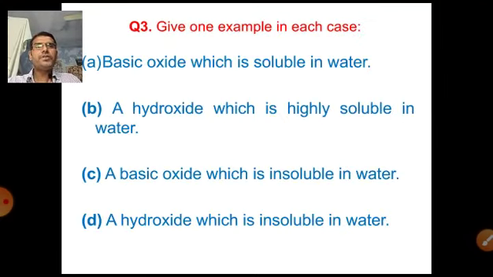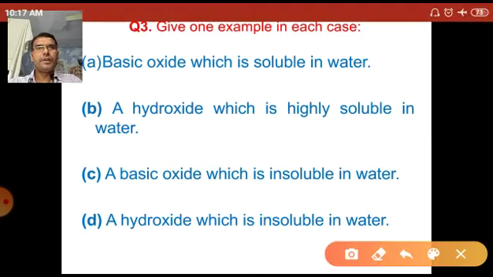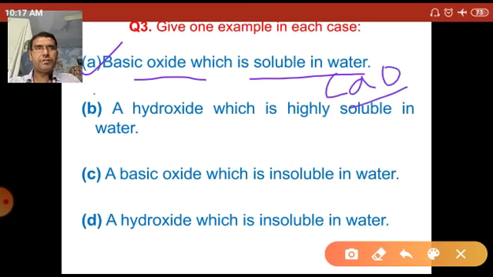Now the next question. Give one example in each case. So here are many cases, and in each case we give one example. Question A: a basic oxide which is soluble in water. So calcium oxide is a basic oxide.